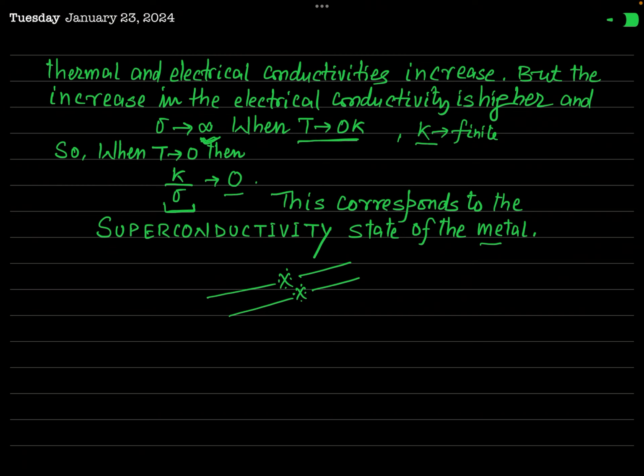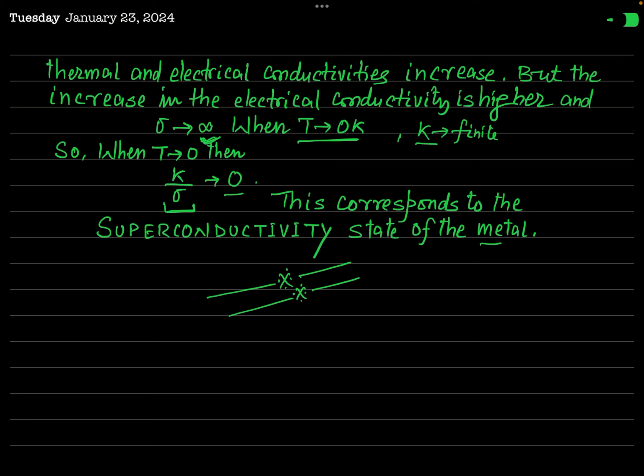As you decrease the temperature of a metal, its conductivity will increase, and when the temperature approaches 0 Kelvin, the metal behaves like a superconductor. Its conductivity becomes almost infinite, very large.